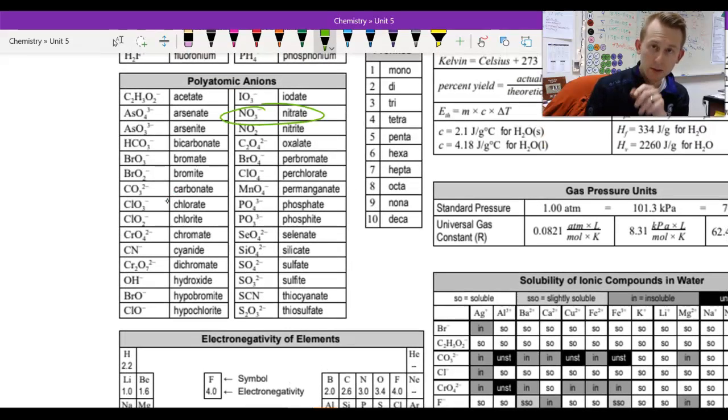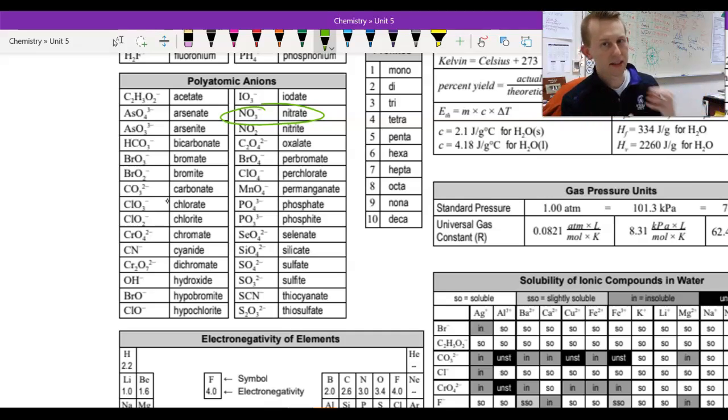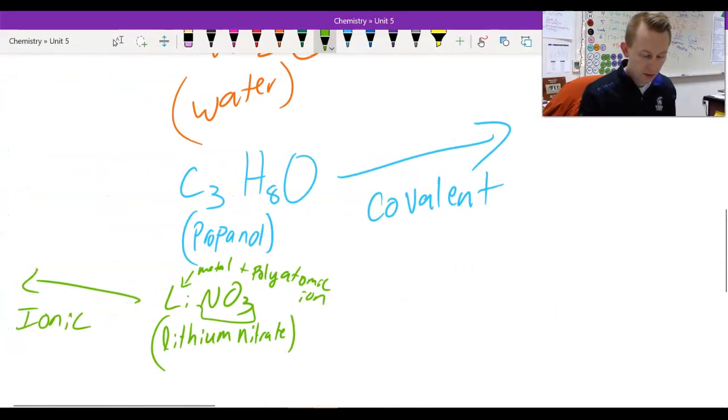So remember, in all reality, yes, we got a metal and a non-metal that make up the ionic compounds, but in reality, it's actually that it's made up of ions. That's really what it is. That's why it's called an ionic compound. So if it's made up of ions, that's also the giveaway. So I've got a lithium ion, and I've got the nitrate ion. That's what actually comes together to form this compound. Just another way of thinking about it.